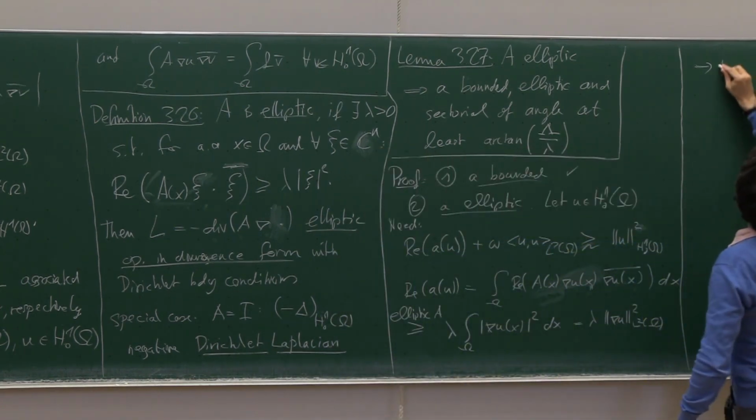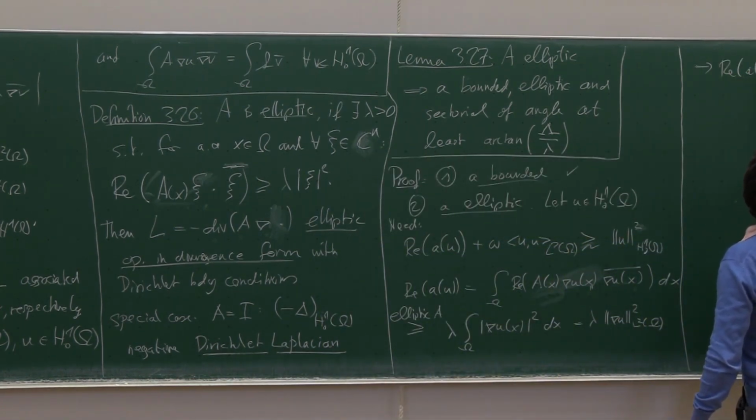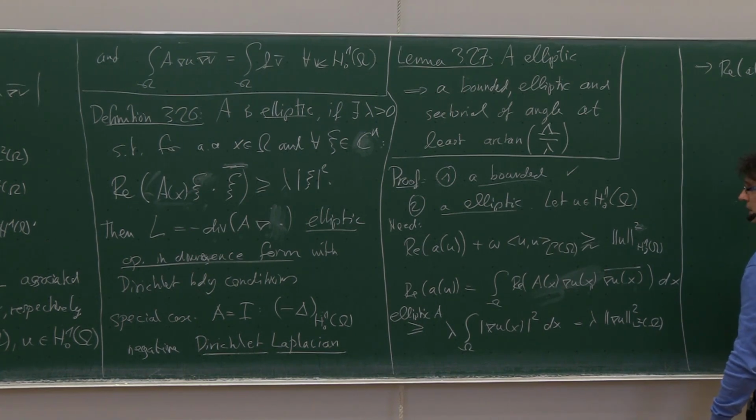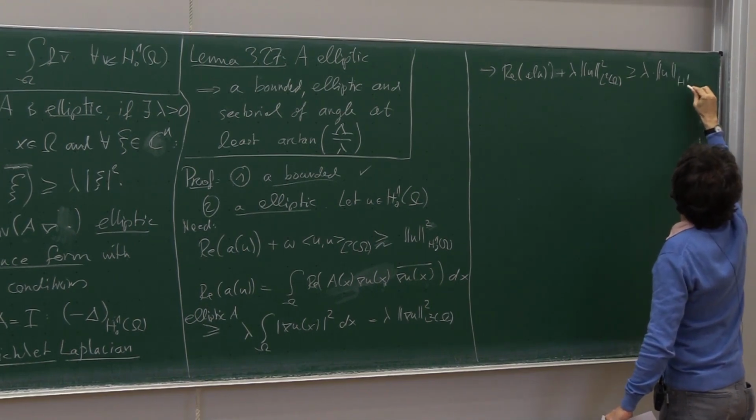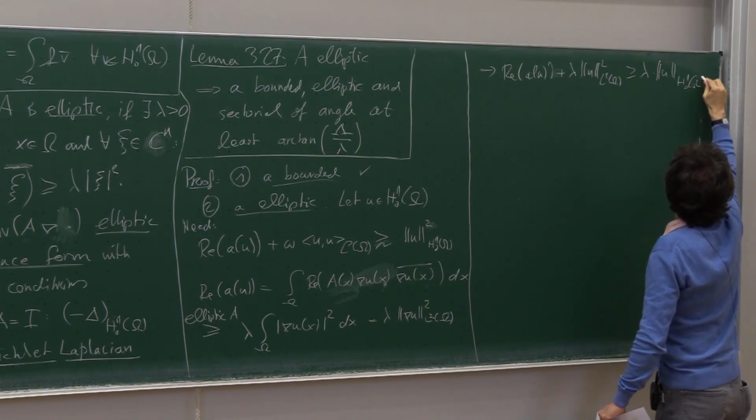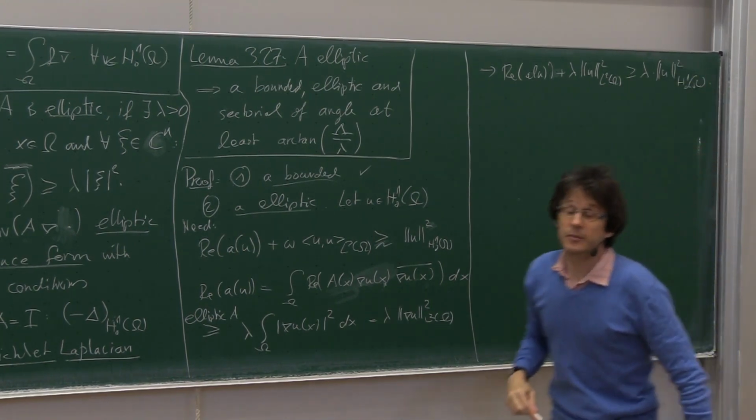So this means real part of a of u plus lambda times the L2 omega norm of u squared is greater or equal than lambda times the H1 0 of omega norm of u squared, and this is exactly ellipticity.